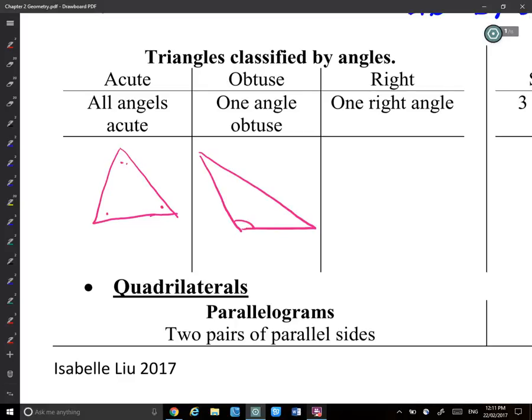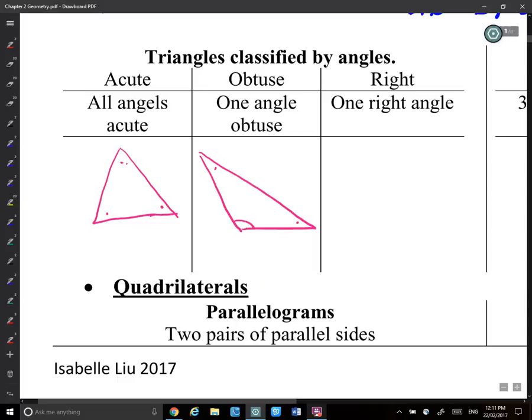If two angles are greater than 90, then the sum will be greater than 180. And we know the sum of a triangle can only be 180, so I cannot have two obtuse angles. So the other two must be acute. And then the right angle triangle, which we're very familiar with. That's a right angle.